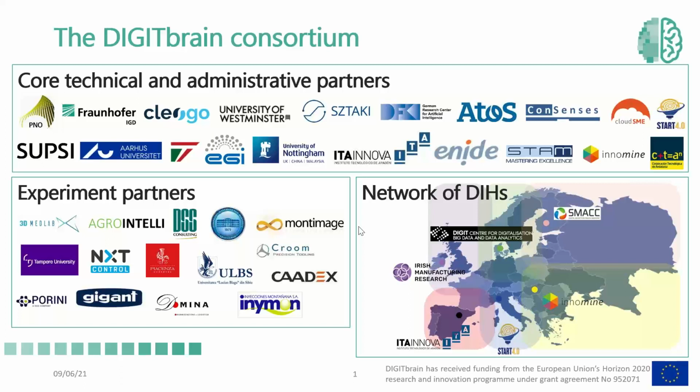It's composed of SMEs, large companies, research institutions, and universities. Then the experiment partners, which are the partners executing the first wave of experiments in this first year of the project, mainly SMEs and universities.